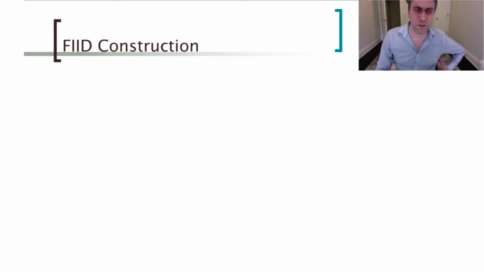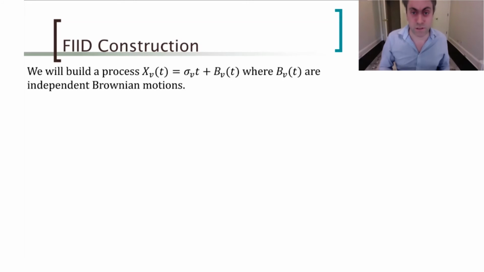And this is going to be the construction we use. So what we're going to do is build a factor of IID of a more complicated process. It will be the process x_v(t), which will be a stochastic process, which is sigma_v times t plus a Brownian motion. And the Brownian motions will be independent for different vertices in the graph.